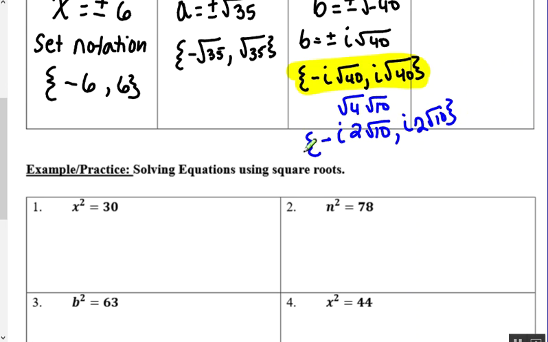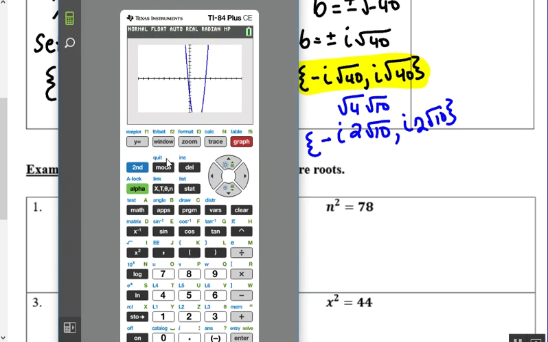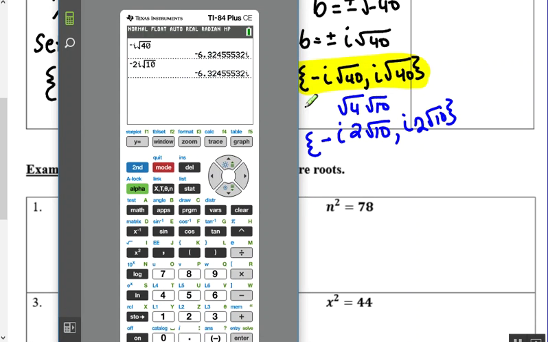Okay. Now, one thing I want to tell you is, in your answer choice, it will be a multiple choice on your test. It will be in the simplified form. But if you stopped here, they both are equivalent in your calculator. So if you put this in decimal form, negative i square root of 40, hit enter, and you get this.